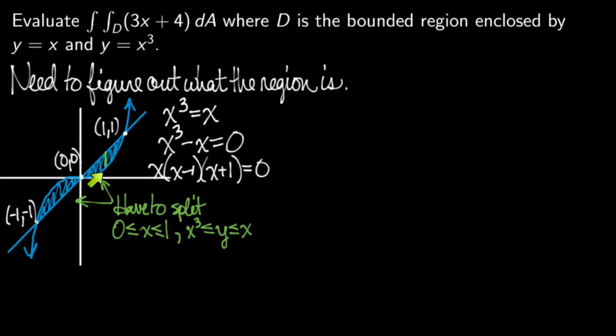If you fix an x between 0 and 1, y will range from x cubed up to x. And that will be, like, imagine a whole bunch of little vertical stripes all along here. The second region on the left is where x can be anything from -1 to 0, and then y ranges from x up to x cubed. And so we have all these little stripes over here.